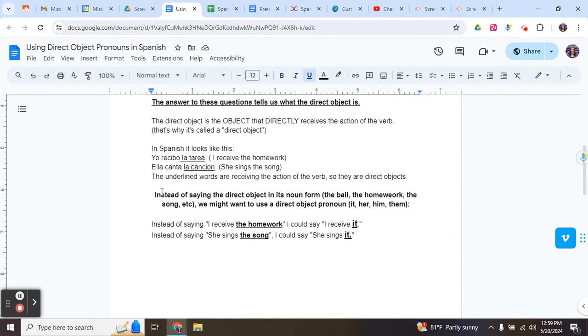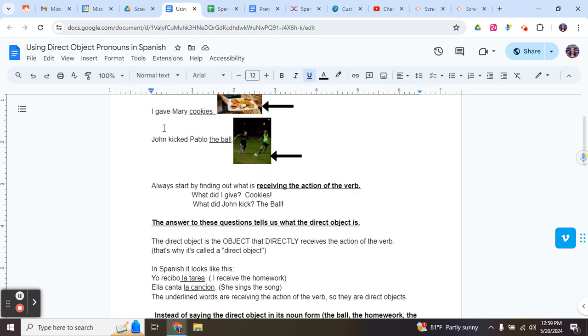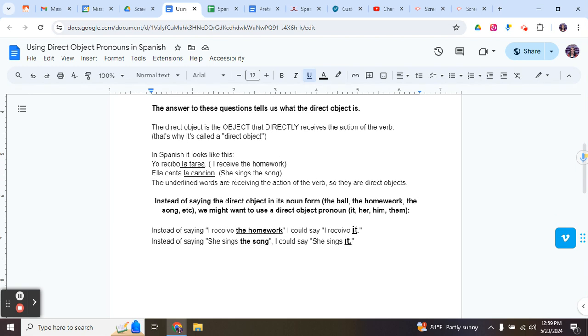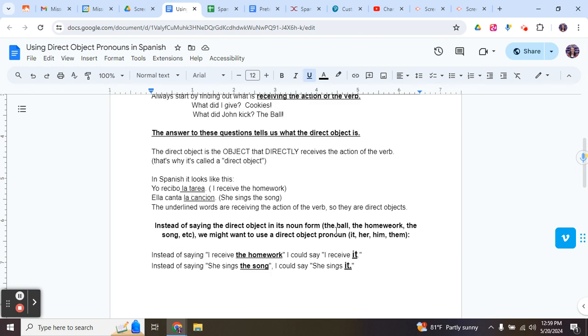So we know they're the direct objects. Now, instead of saying the direct object in its noun form, like I receive the homework, she sings the song, I give the cookies, John kicks the ball, we might want to replace these nouns with a pronoun. And a pronoun, by definition, is a word that replaces a noun. So we could replace the ball with it.